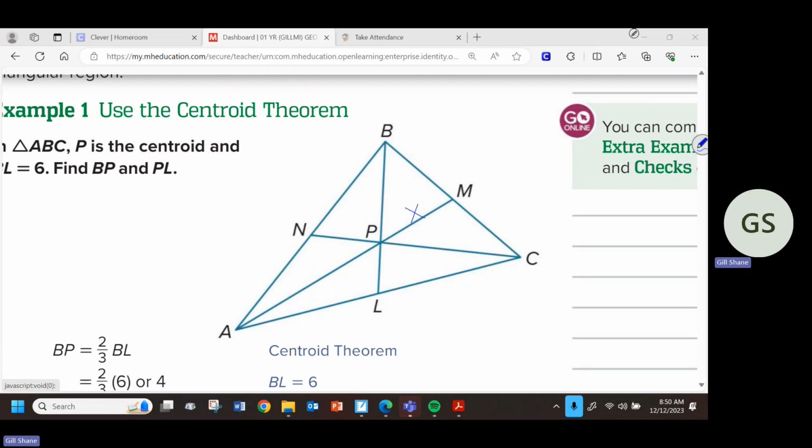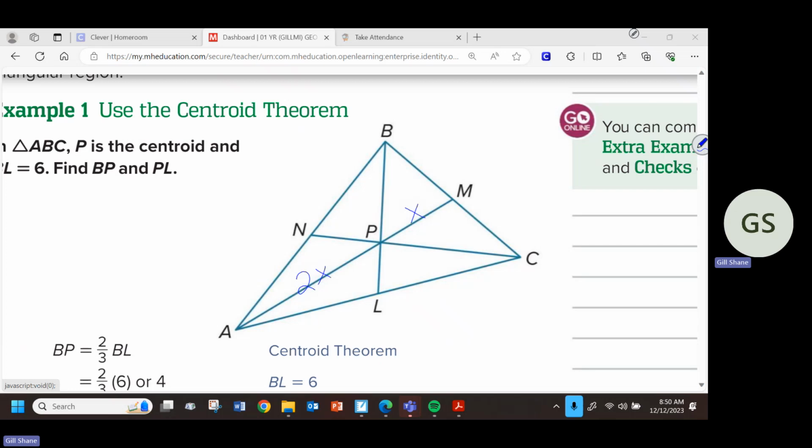What's true of this section here, PA? It's 2 times the short section, so this is 2 times that variable x. That allows us to keep it to just one variable, even though there are actually 2 pieces we don't know.